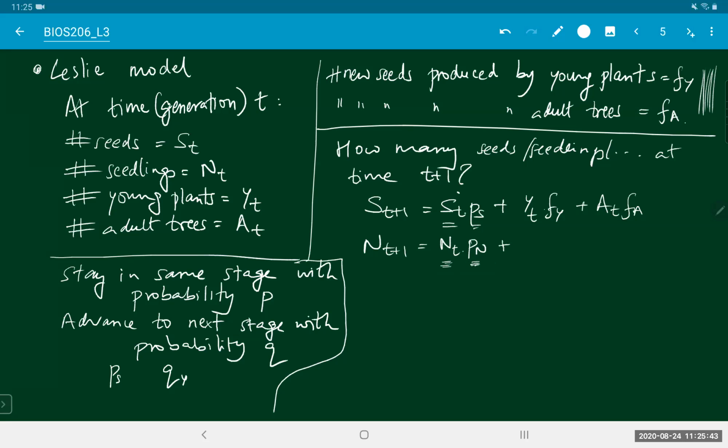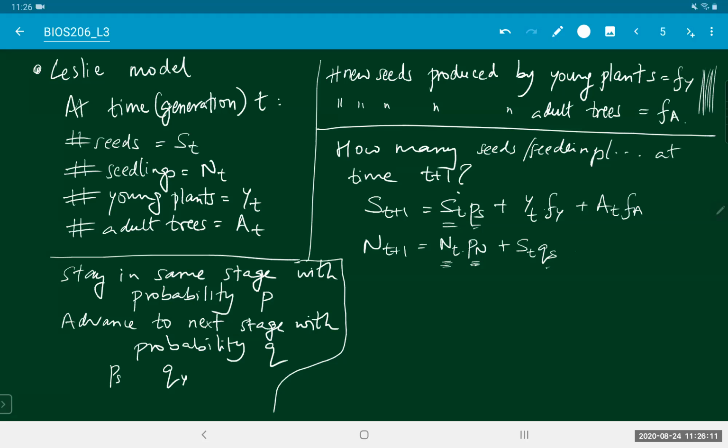But there were also seeds from the previous generation which advanced to the next stage and became seedlings. QS, because Q is the probability of advancing to the next stage. And seedlings don't come from plants and trees and all, so that's it, nothing else over here.